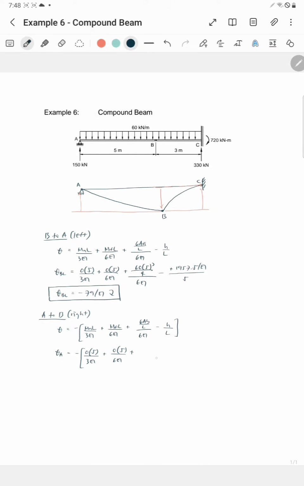So the formula for 6AB over L is WL cubed over 4, then all over 6EI minus H over L. So for H, we make a horizontal line from A towards B, and the vertical distance is downward, so negative. The vertical distance is the deflection at B, 1957.5 over EI. So theta A is equal to negative 704. Negative means clockwise.